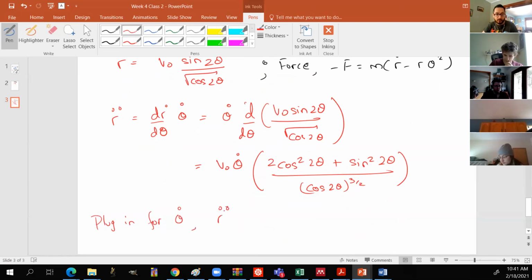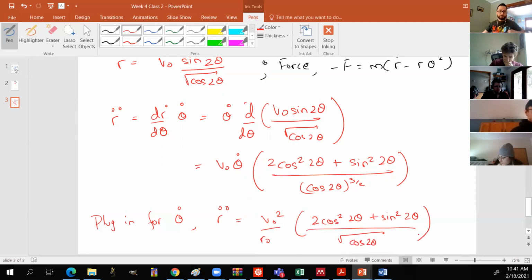After doing all of the simplifications, r double dot is equal to V naught squared over R naught times 2 cosine squared 2 theta plus sine squared 2 theta, divided by the square root of cosine 2 theta.